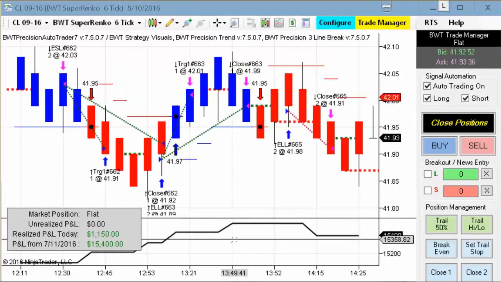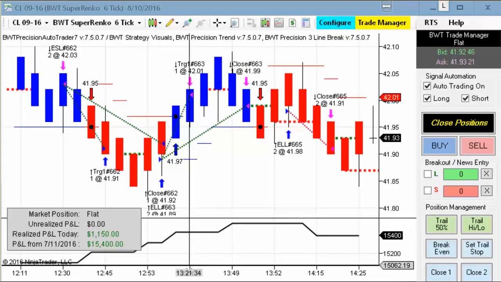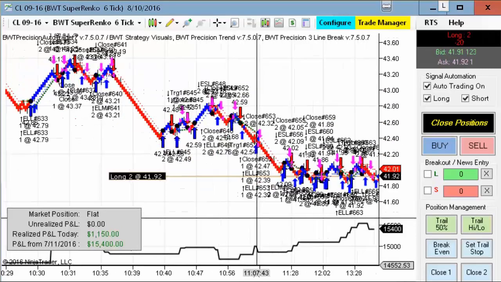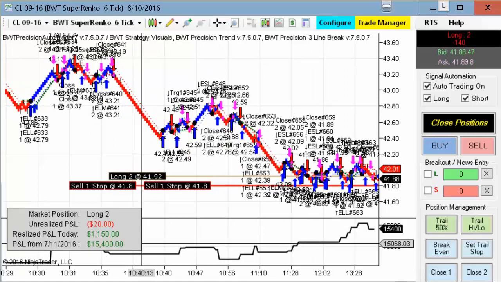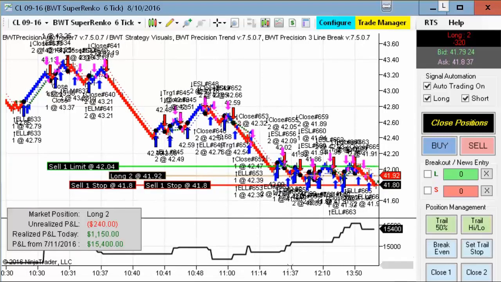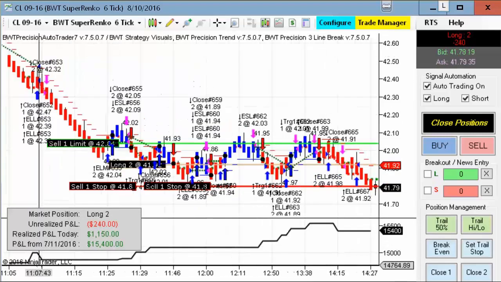Okay, next up is the crude oil on the Super 6 tick, and it looks like we've had a mixed bag of trades, but still a closed P&L of 1150, and you can see on the chart it just went long. Here's our equity curve, and here's the opening equity.